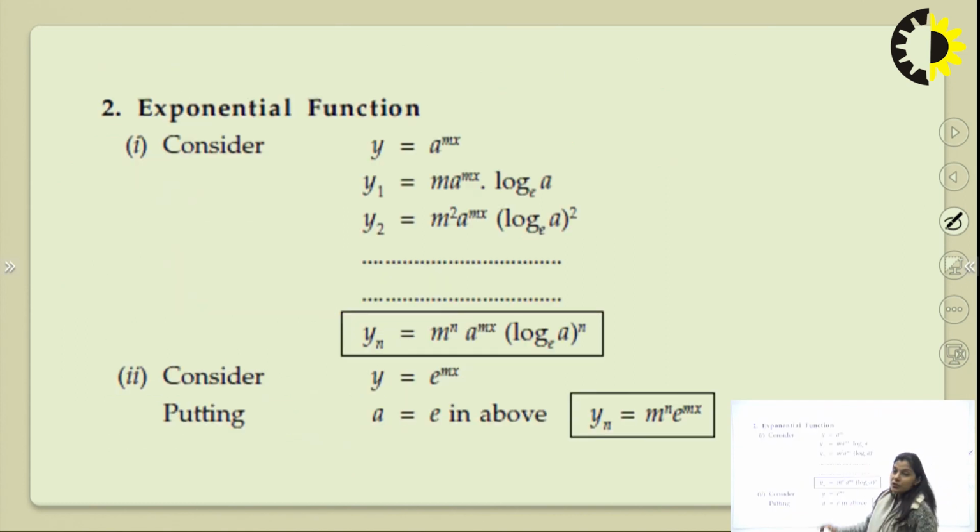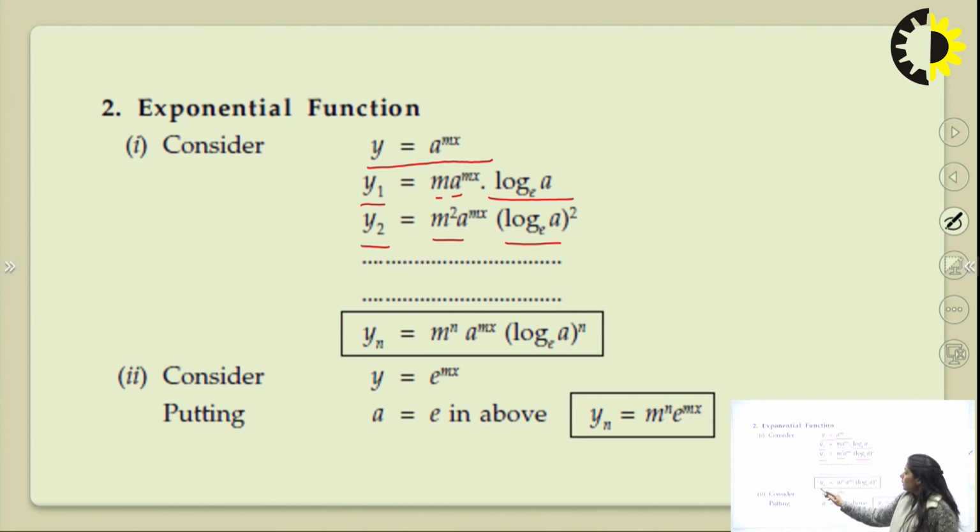Now next, the exponential function. Now we will find the nth derivative of the exponential function y equal to a power mx. So first we will differentiate y with respect to x. So we will get y1 is equal to m a power mx log a. Now again differentiate y1 with respect to x. We will get y2 is equal to m square a power mx (log a) whole square.